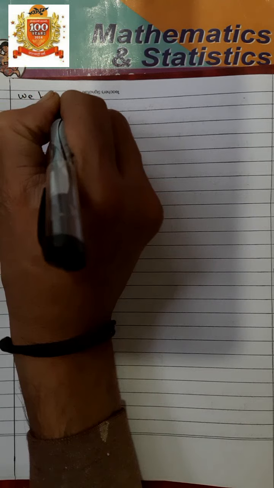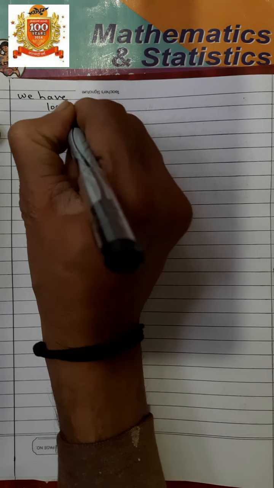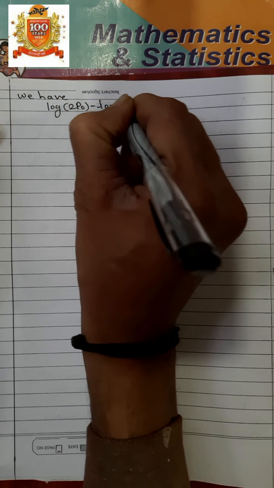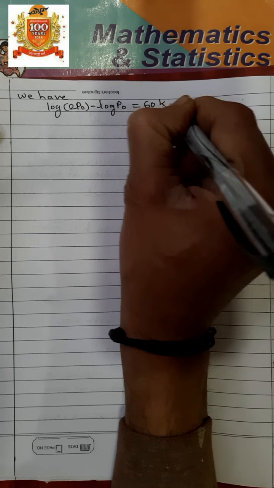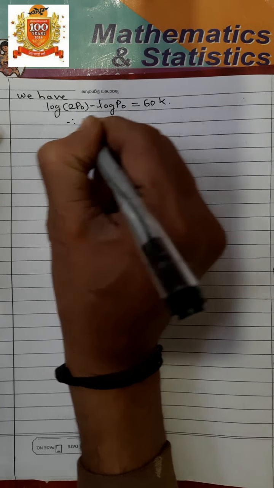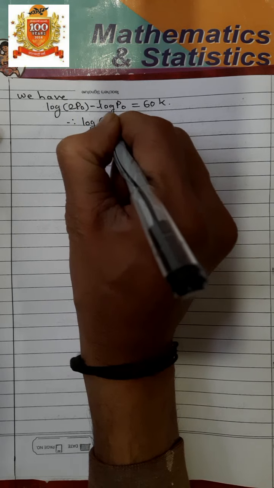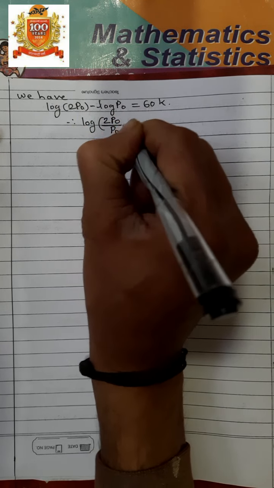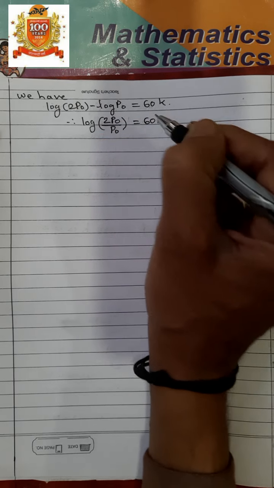Therefore, log of 2P0 upon P0 is equal to 60k.